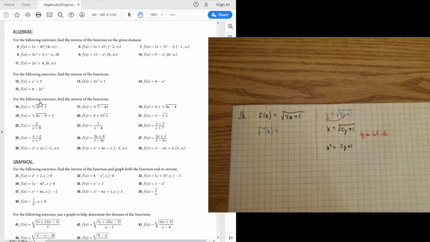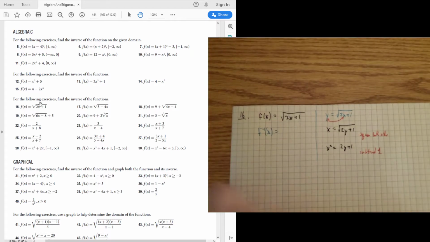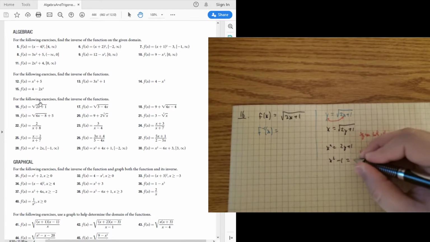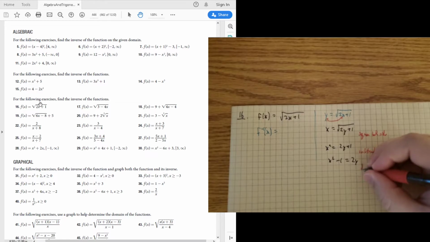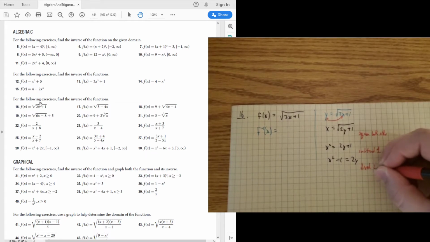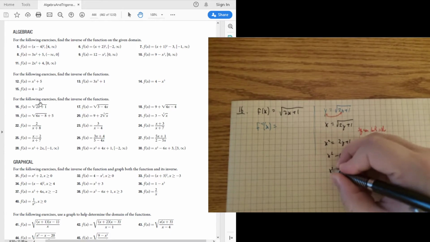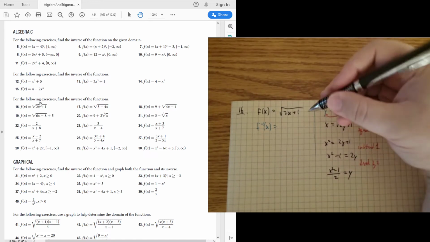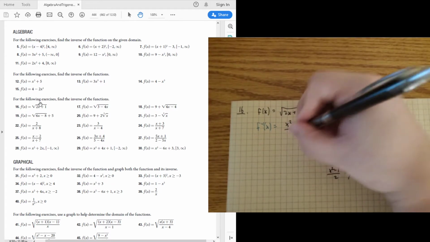I'm then going to subtract 1 from both sides, meaning I get x squared minus 1 equals 2y. And then I'm going to, of course, divide both sides by 2, giving me our final equation as x squared minus 1 over 2 equals y, meaning my f inverse is x squared minus 1 over 2.